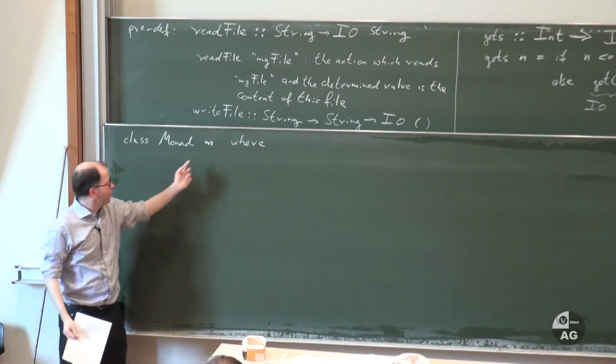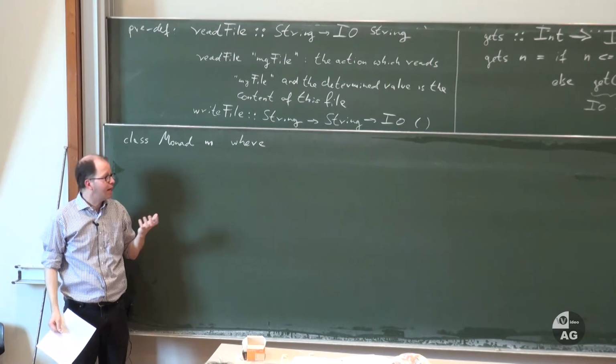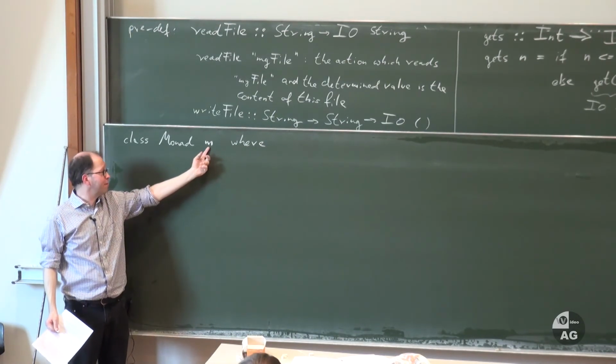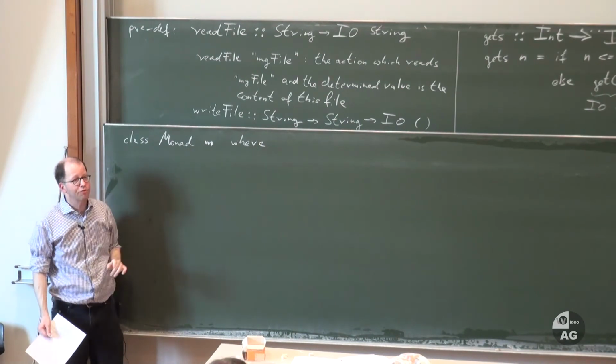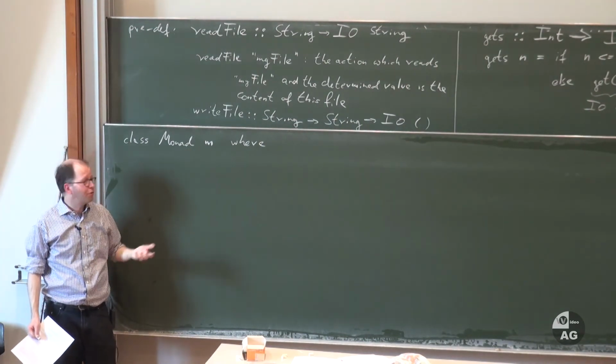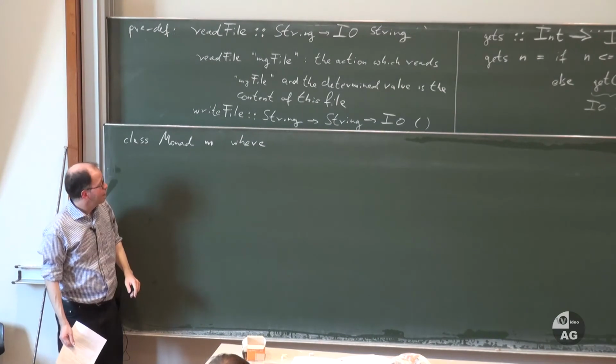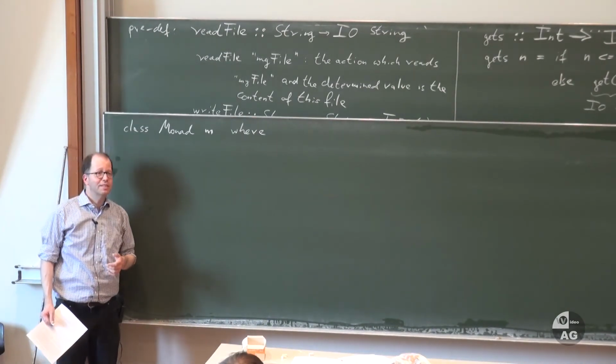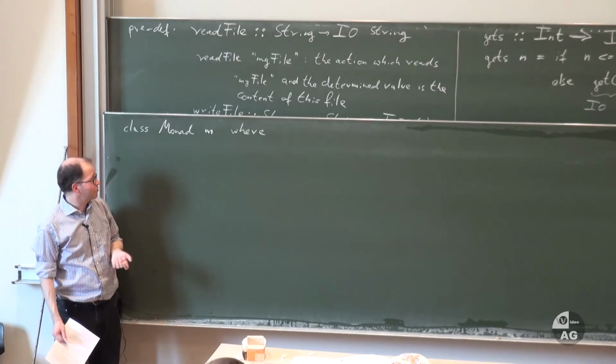Up to now, we only had type classes. Here we had a type, and then we said, okay, this type can be a member of this type class, and then there are certain functions for these types. Now, in addition to these type classes, you can also say that a type constructor belongs to a certain class.